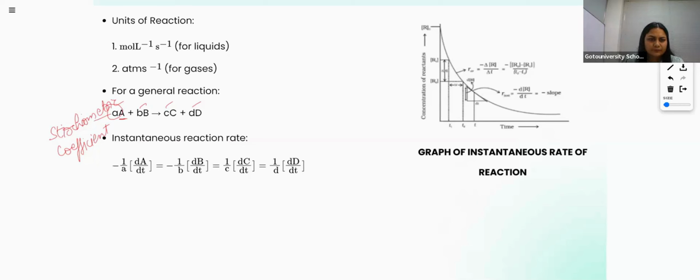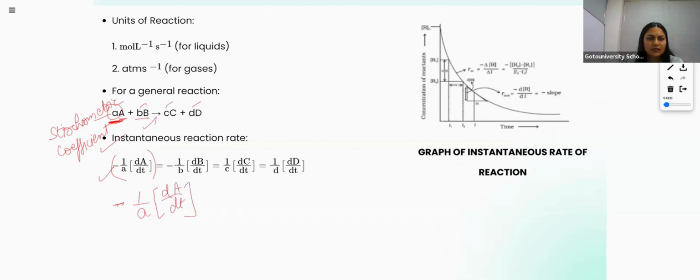For this, how can we write the instantaneous rate or average rate of reaction? Yes, it is written here. For the reactant side, which is A and B, we write the reciprocal of the stoichiometric coefficient, 1 by a, and for the molar concentration, dA by dt.